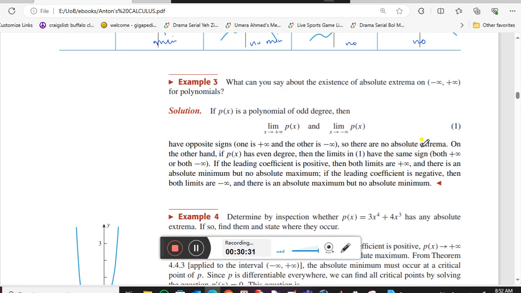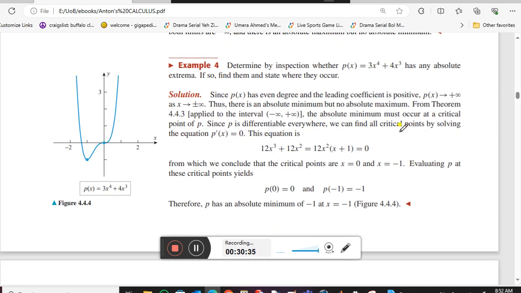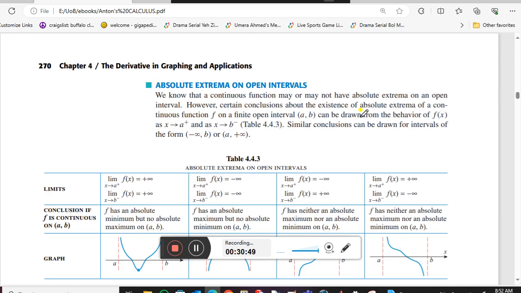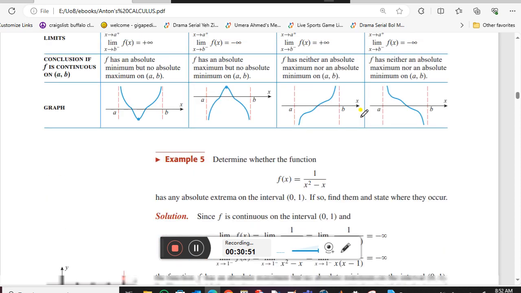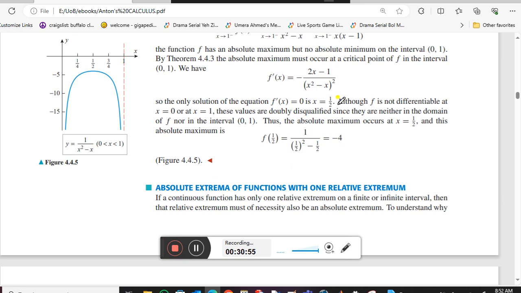And same is the case for open intervals as well.